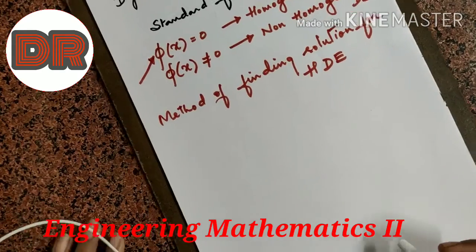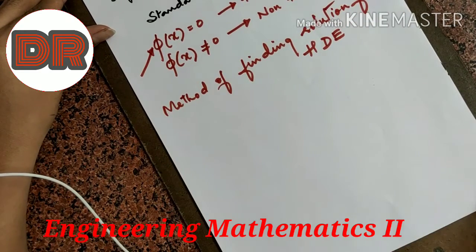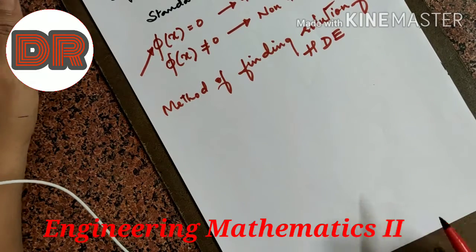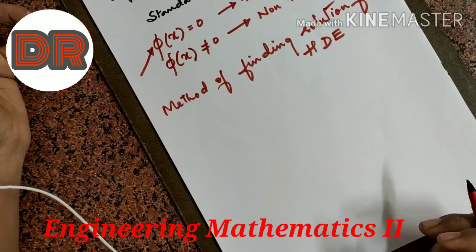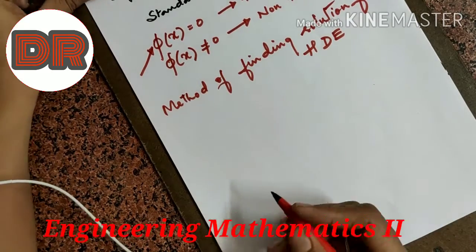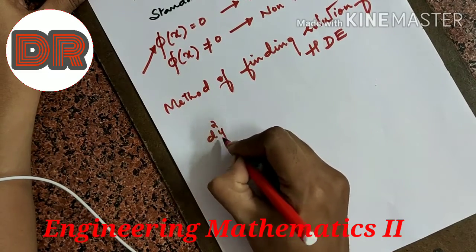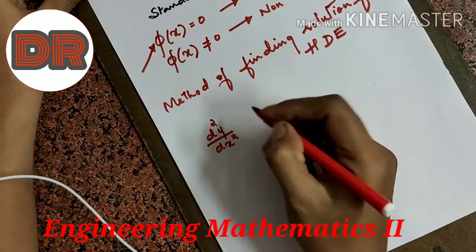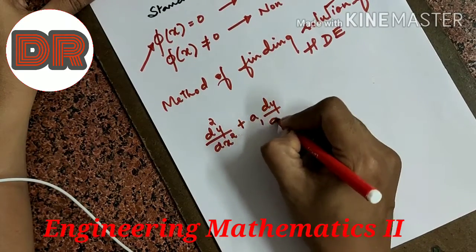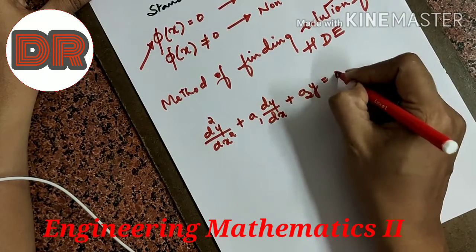To explain the method of finding solution for a homogeneous differential equation, let me take a second order linear differential equation. The same method can be applied or extended to equations of higher orders also. So let me write the second order linear differential equation: d square y by dx square plus a1 dy by dx plus a2y is equal to 0.